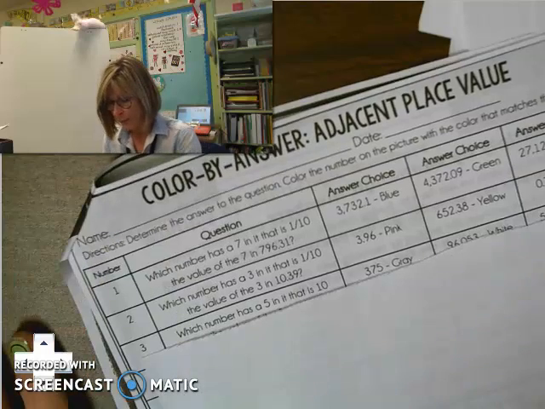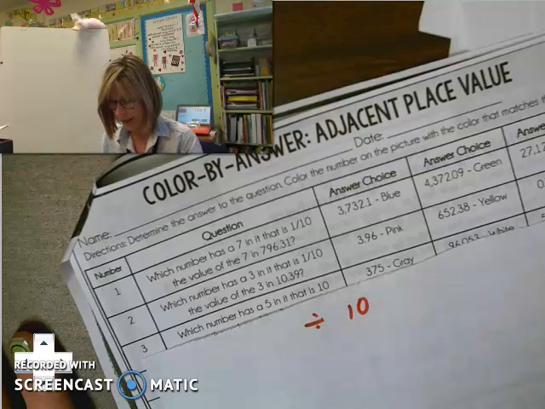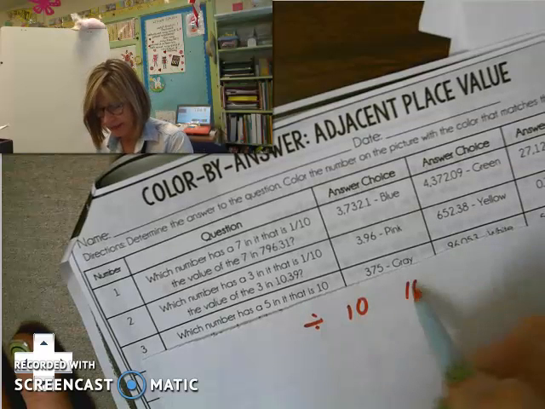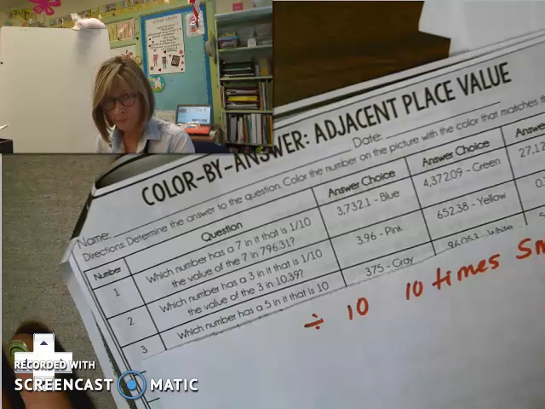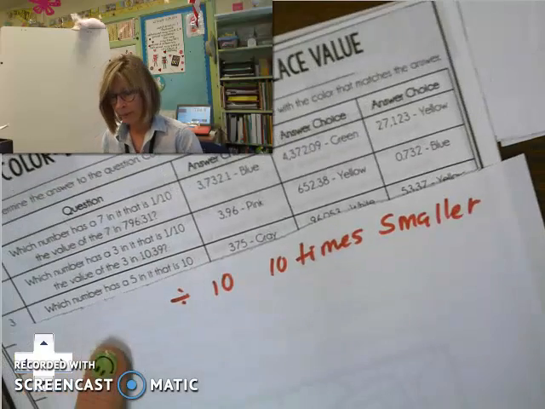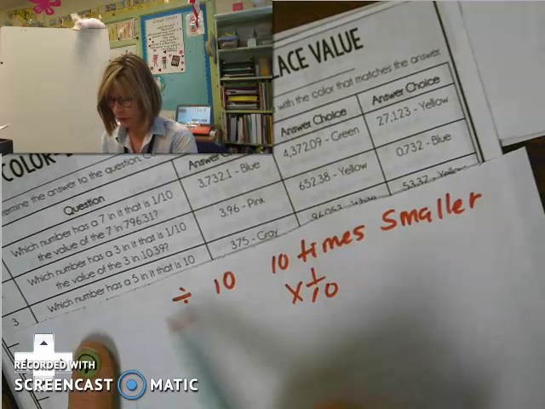When we get smaller, dividing by 10 is the same as 10 times smaller, and we also know that means times by 1/10.